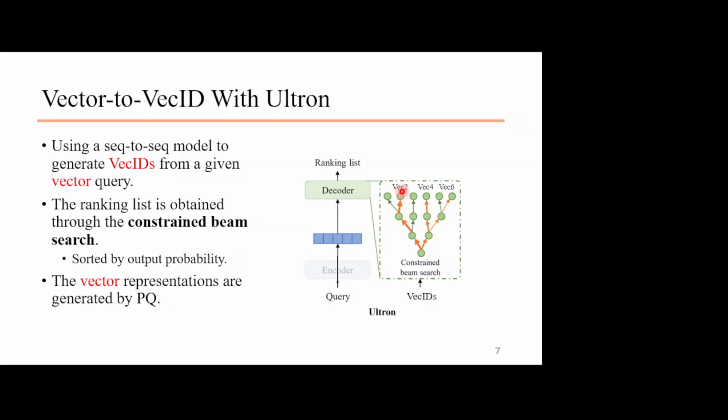So each vec ID corresponds to a centroid, and we project that centroid to the same input dimension. And this way, the model can perform autoregressive generation properly. And this is how Ultron works when the problem becomes vector retrieval.